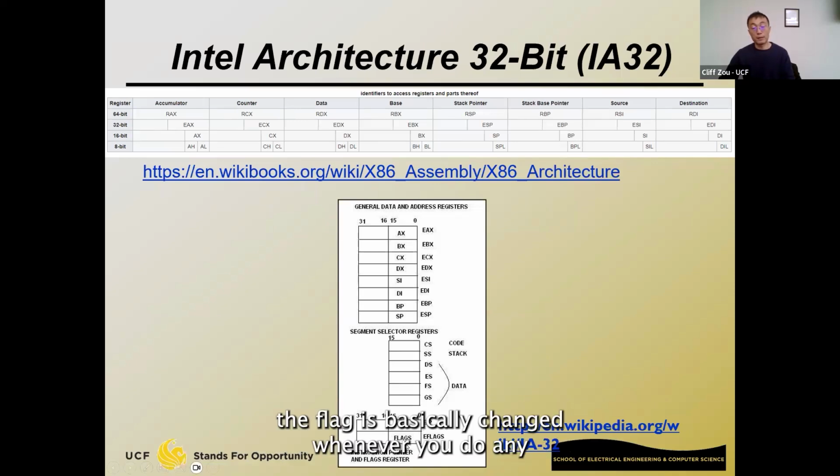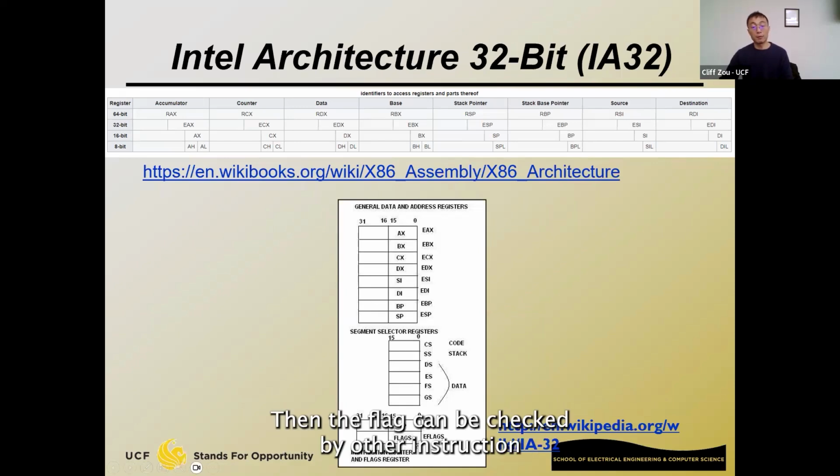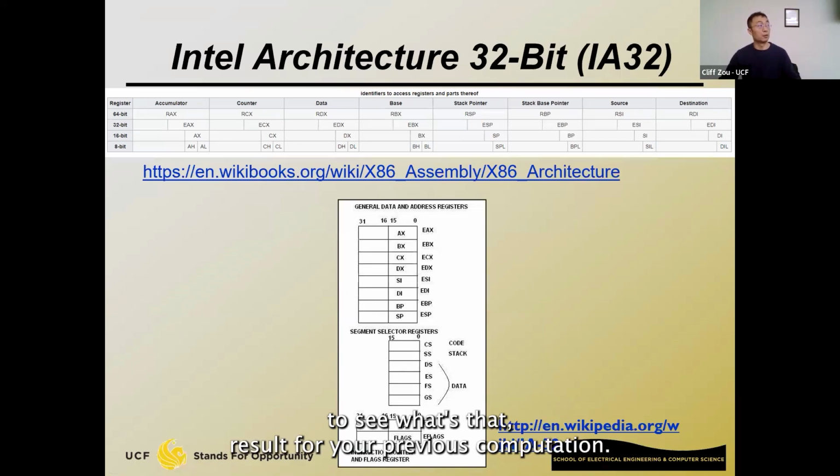The flag is changed whenever you do any plus, minus, or comparison operation. The result will change the flag. Then the flag can be checked by other instructions to see the result of your previous computation.